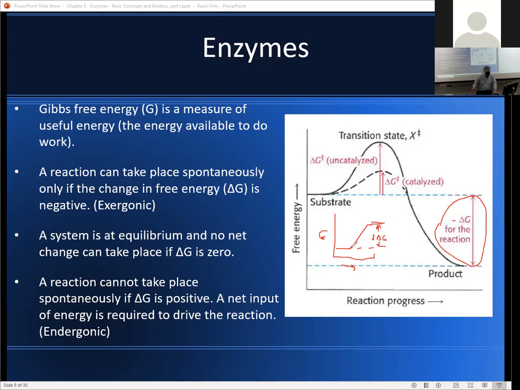So these reactions will tend not to happen spontaneously, and we need some sort of an input of energy in order to drive this reaction forward. One example is we can couple reactions to the hydrolysis of ATP in order to give it the energy to drive it forward, or we could use an energy source like photosynthesis. We can use the energy from sunlight to drive forward exergonic reactions.